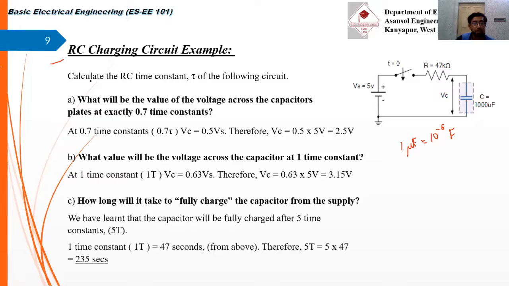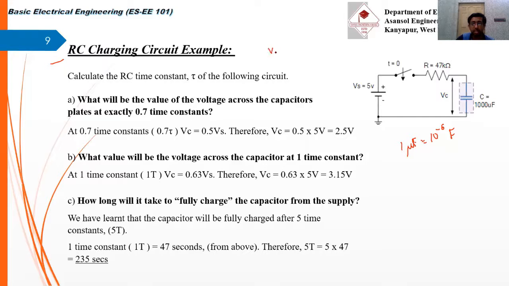Now, what will be the value of the voltage across the capacitor plates at exactly 0.7 time constant? 0.7 time constant means 0.7 into tau. Okay. At that point, the Vc equals 0.5 Vs. Okay. Because put the value now. What is the Vc value?